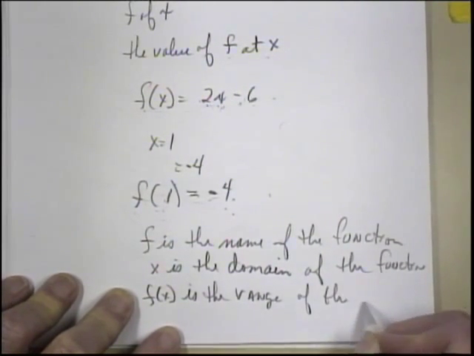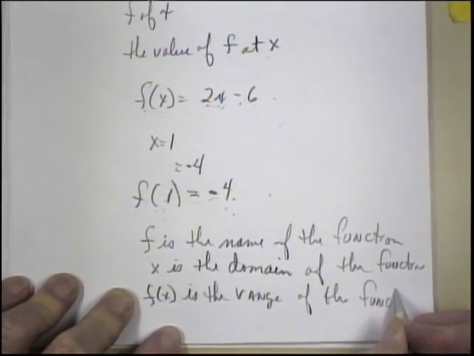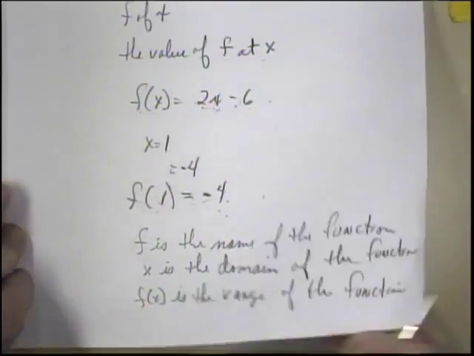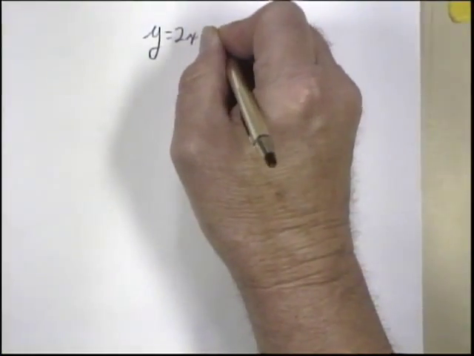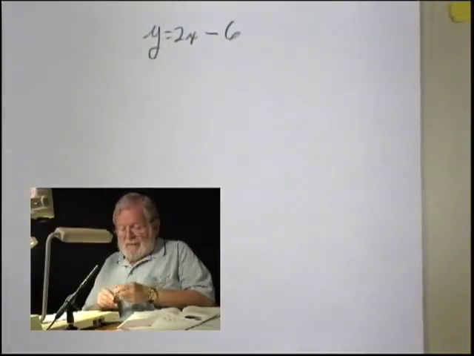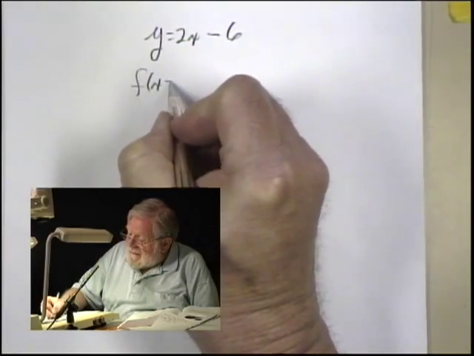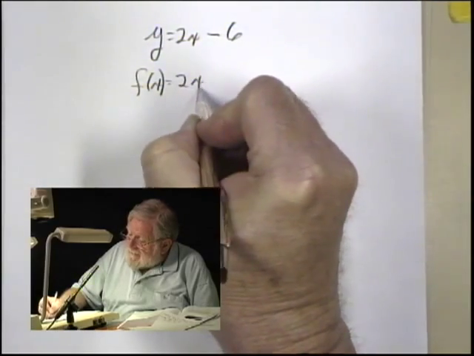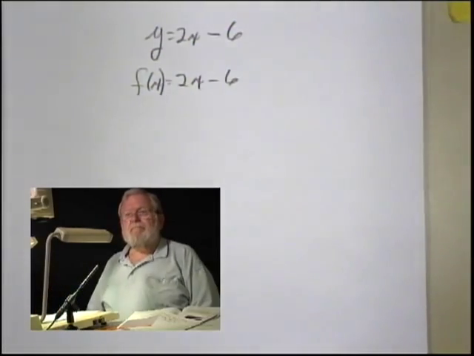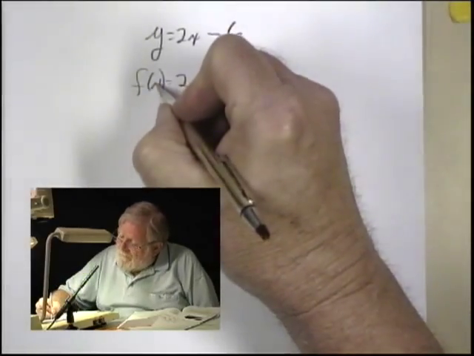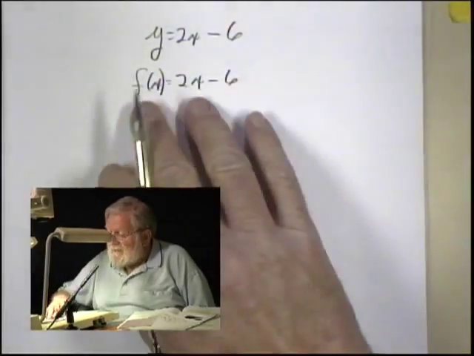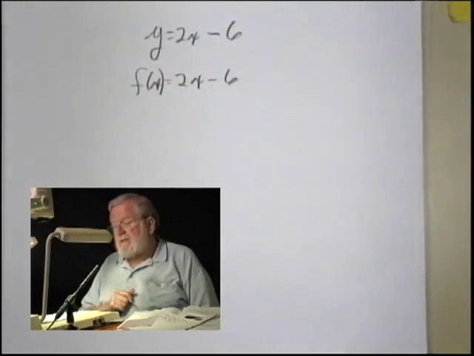Now let's go back, and I want to present this in a little different way. y equals 2x minus 6. We said this is a function. We could write this as f of x equals 2x minus 6. What we're doing here is showing the interdependency of these variables.